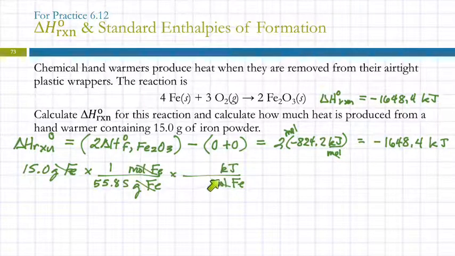And here, kilojoules per mole, I'm going to use that standard heat of reaction, 1648.4, and that's for how many moles of iron? 4. It's for 4 moles of iron, so I need a 4 down there. Yesterday I forgot to divide by that 4, so hopefully I can remember to do that today.